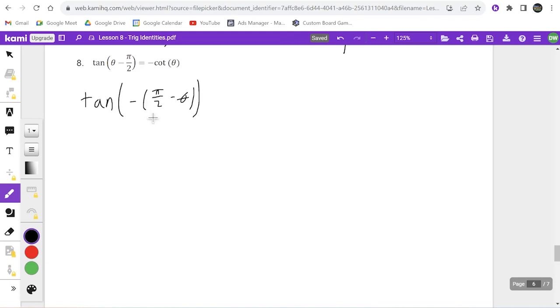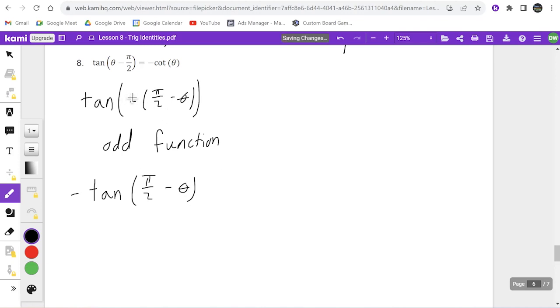The reason why this works so well, this is not the co-function identity yet, because if you look at your co-function identities, you don't have a random negative sign out in front, right? So instead what I'm going to do is, I'm going to say, hey, this is an odd function. And because tangent's an odd function, that negative sign gets to move out in front. So really it's negative tangent of pi over 2 minus theta.